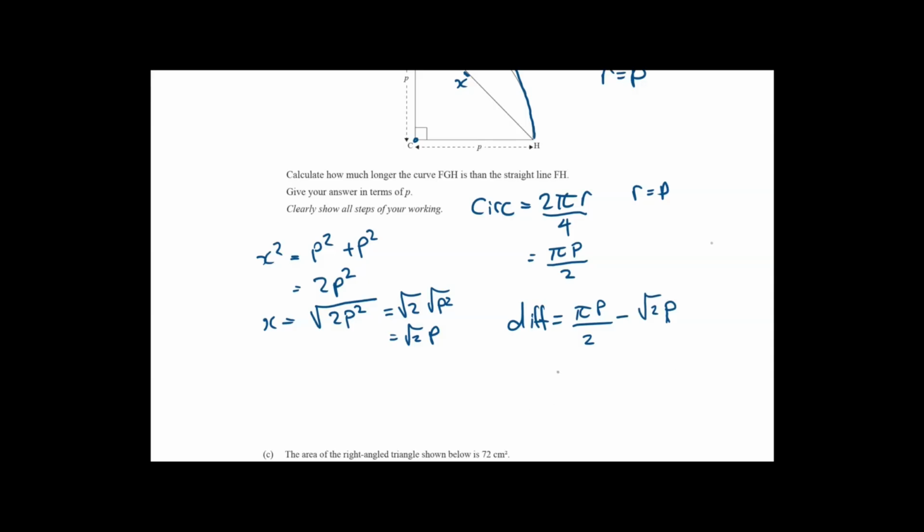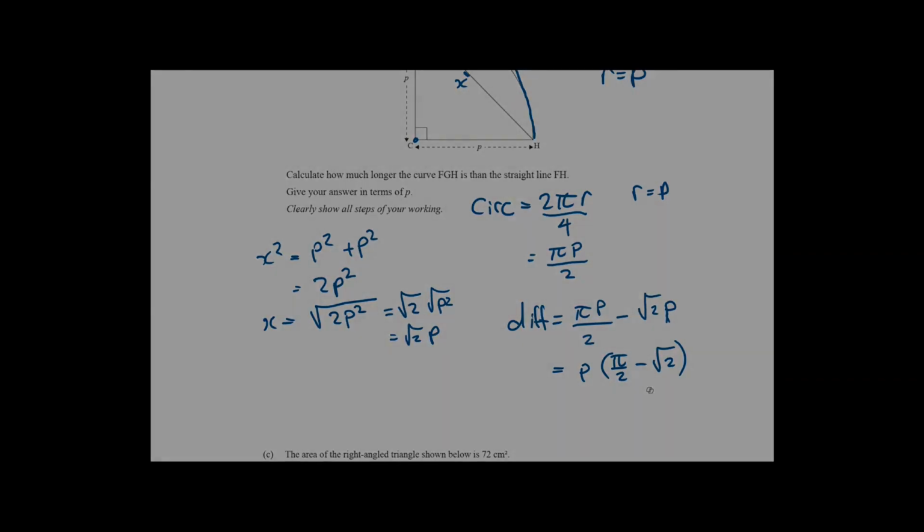I mean, I guess we could factor out the p. Pi over 2 minus square root of 2, p. I don't think we can simplify that anymore. There's a 2 there and 2 there. No, I'm just going to leave it like that. I think it's as simple as it's going to get. Interesting question, though.